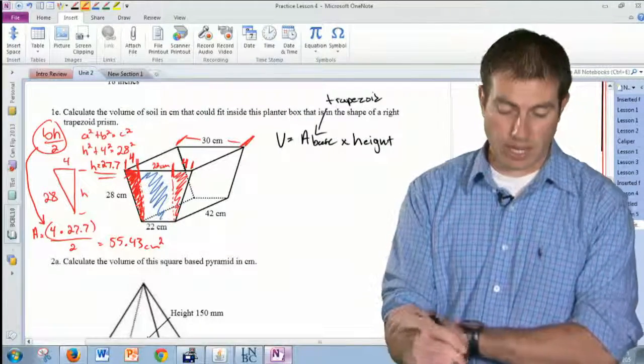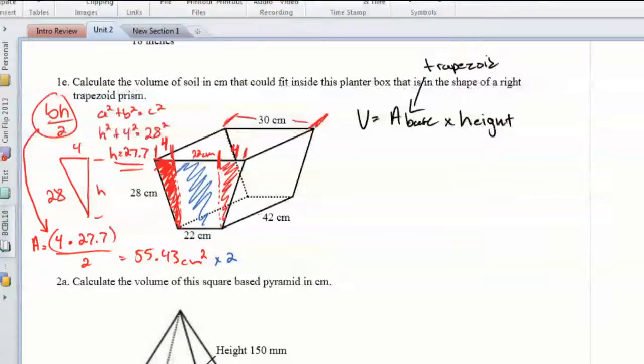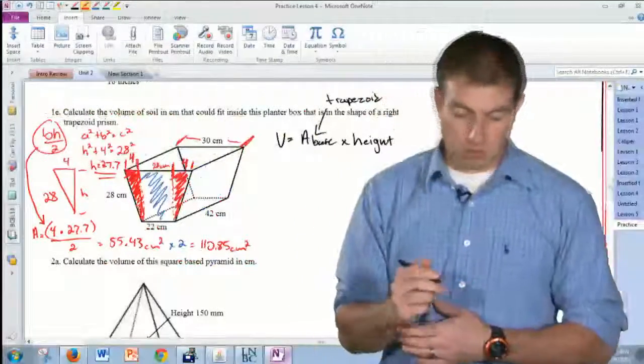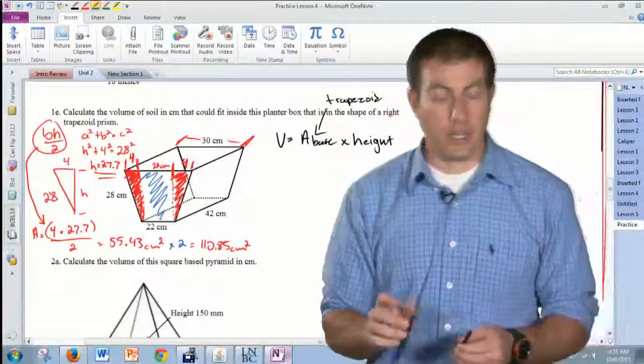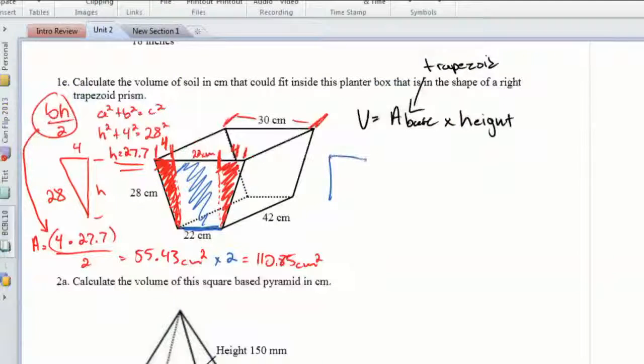How many triangles do I have? Well, I have 2, one on either side. So I'm going to multiply by 2, and I'm going to get 110.85 for my 2 triangles. Now we want to think about this blue rectangle in the middle here. I know that it is 22 centimeters across. And do I know how long this side is?